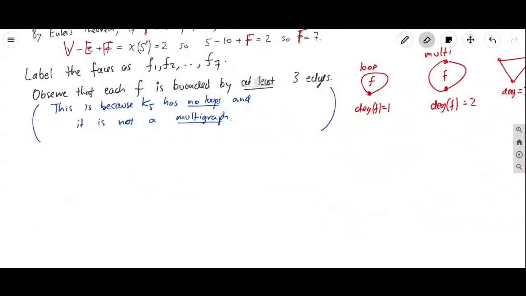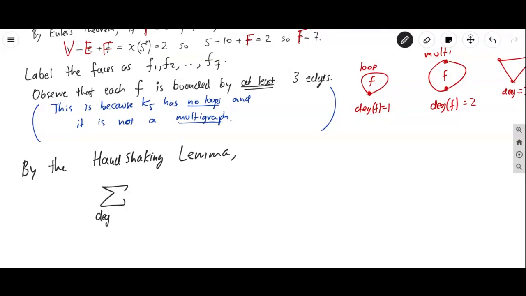Okay, so there's at least 3 edges. So what happens next? Here's what happens next. By the handshaking lemma, the sum over all faces, let's say i goes from 1 to 7, there's 7 faces, F_i, the degree of every face.